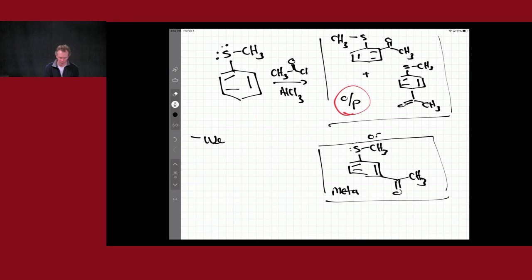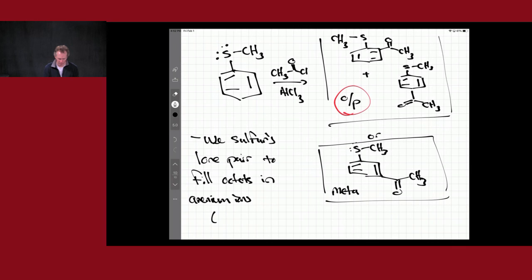So the solution would be to use sulfur's lone pair to fill octets in those arenium ions that predicts ortho-para. Okay, great.